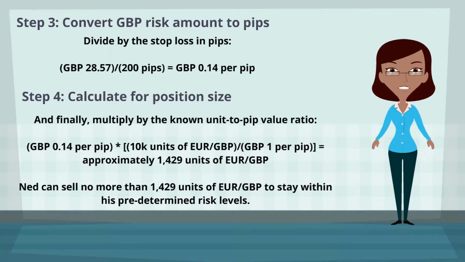And finally, multiply by the known unit to pip value ratio. 14 pence per pip, multiply by 10k units of euro to pound sterling, divided by 1 pound per pip, equals approximately 1,429 units of euro to pound sterling. Ned can sell no more than 1,429 units of euro to pound sterling to stay within his predetermined risk levels.